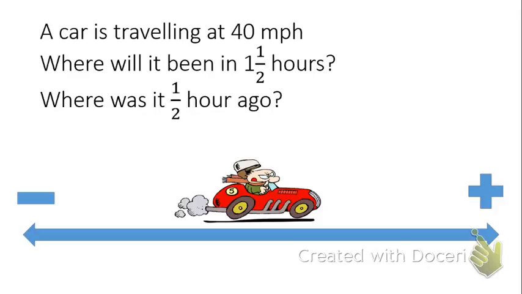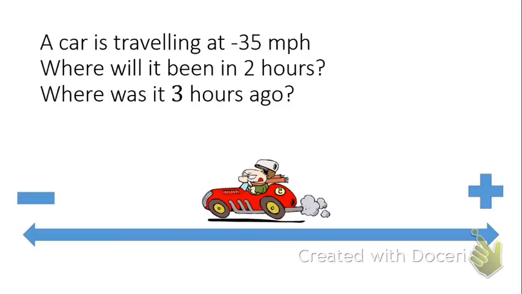Let's do one more. Okay, so now we see our traveler is going in the opposite direction. He is now going to the west. So he's traveling at negative 35 miles per hour. So in our equation, that means that r is going to be a negative rate because he's heading in our backwards direction.